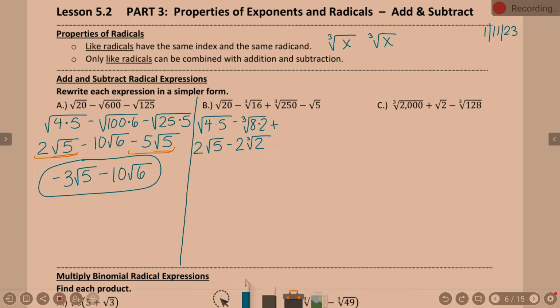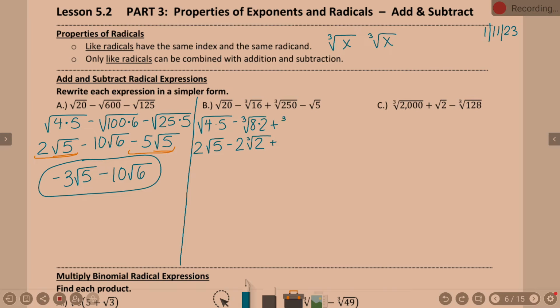Okay? Cube root of 250. Is it a perfect square? No. 250 is not on my list. It falls between 216 and 343. But start looking. 250 does divide by 216? Divides by 125, right? I trust that you know how to use the calculators at this point.